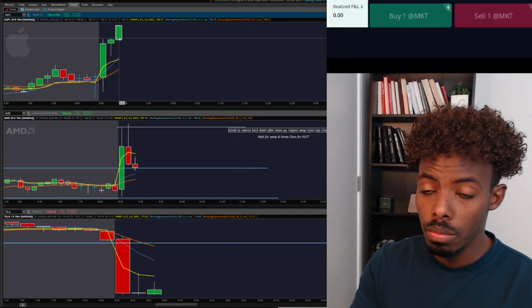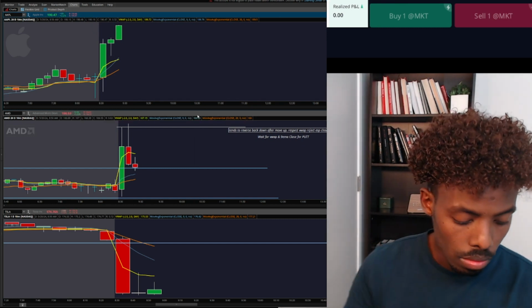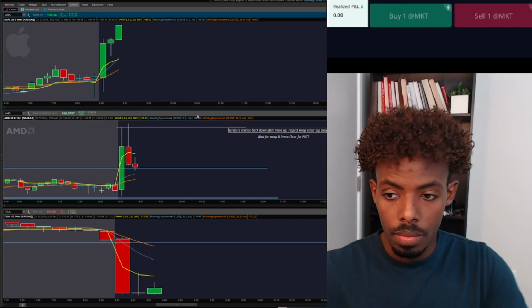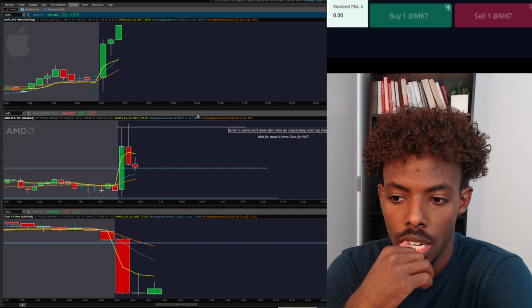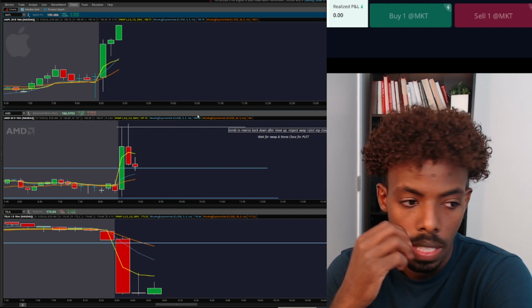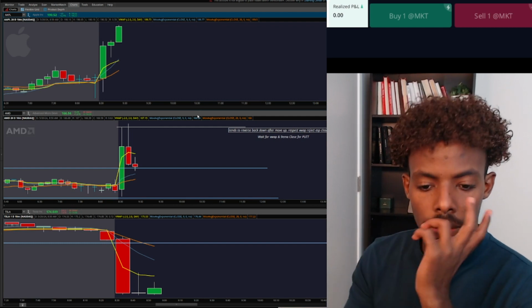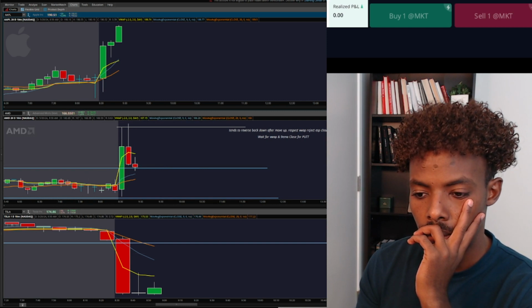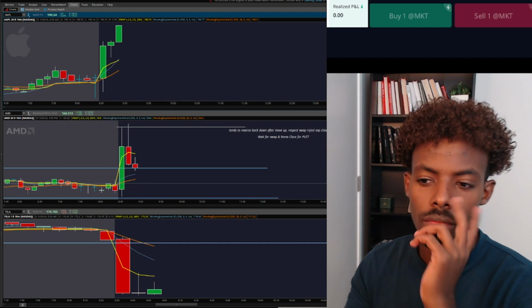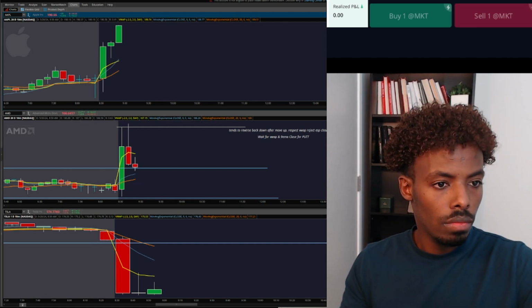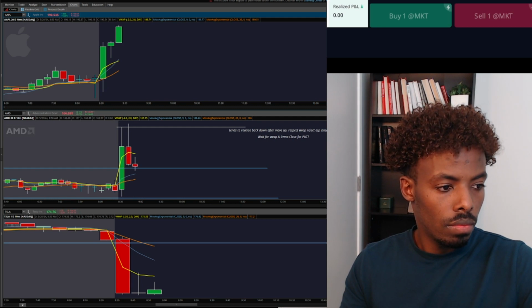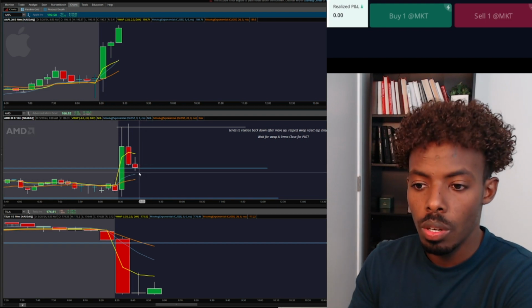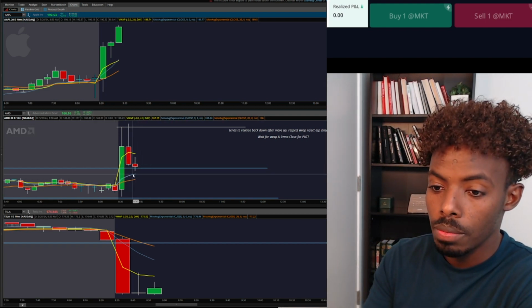So this is still holding its move up, and that's fine. Here we go. We're getting a tap to the 9 EMA right now.